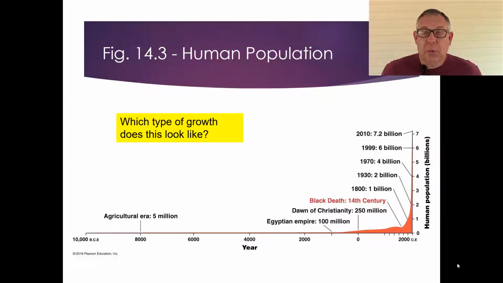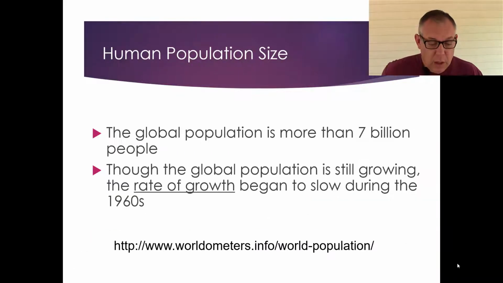And then the rate of growth increases, and consequently the population increases faster and faster. And you can see that just in the last few hundred years, a tremendous increase in human population. So this looks very much like exponential growth. But like we said, no population can sustain exponential growth, and we are no different.